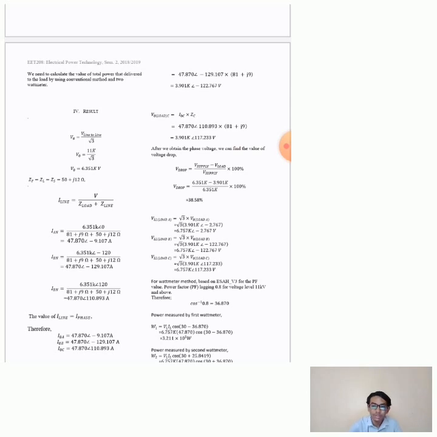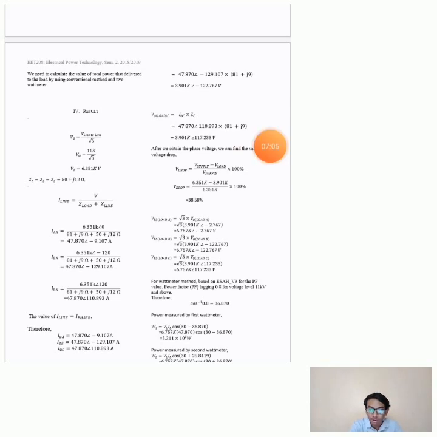After we get the VLL, for the wattmeter method based on ESAH version 3, the PF value is power factor lagging, which is 0.8 for voltage 11 kilovolts.